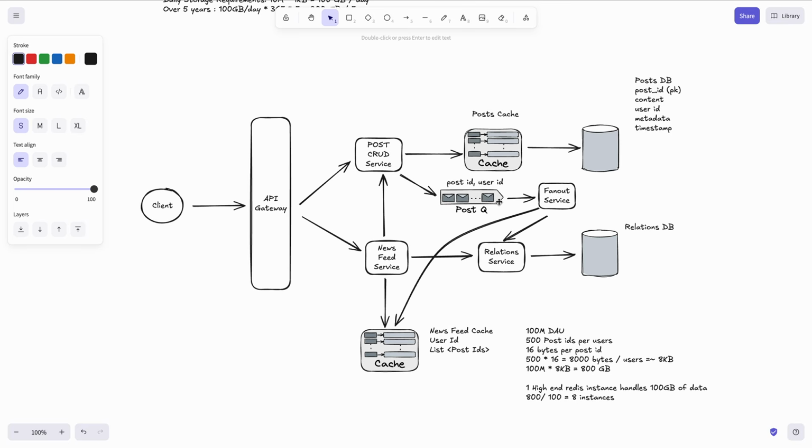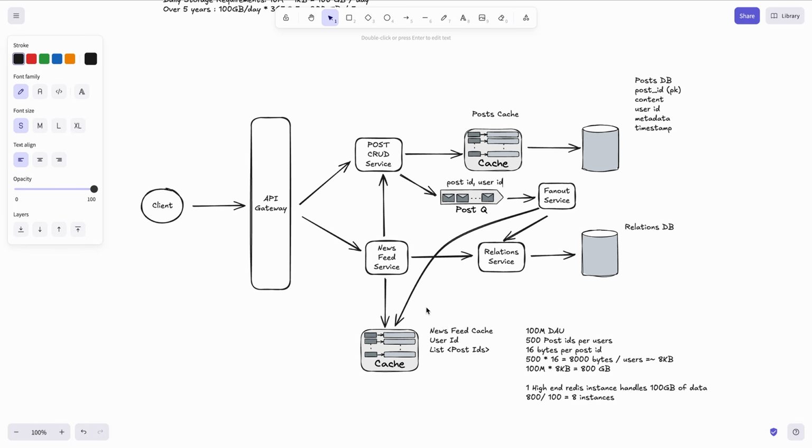Now let's say a user has multiple followers, and the fan out service has processed the post ID and updated the cache for some of the followers, and let's say it crashes because our cache is not available.